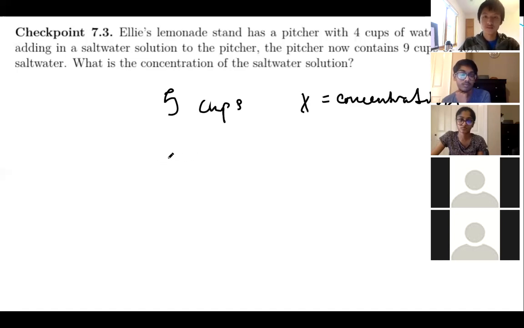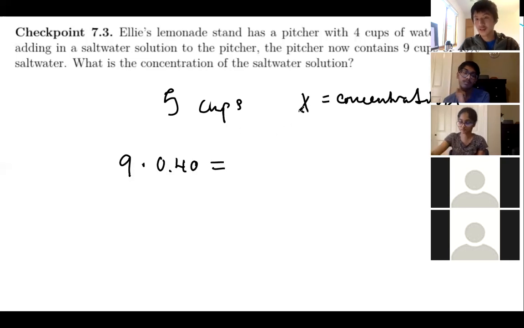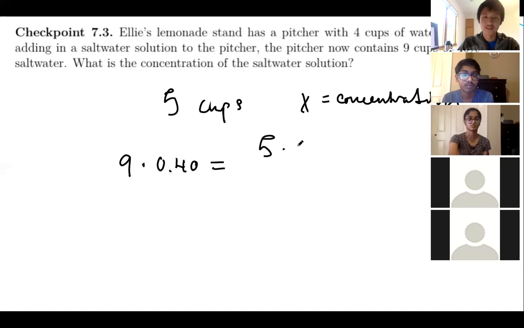And when it ends as 9 cups of 40% salt water, that means there will be 9 times 0.40 of salt at the end. And when we added the X percent salt water, we added in 5 times X of salt.